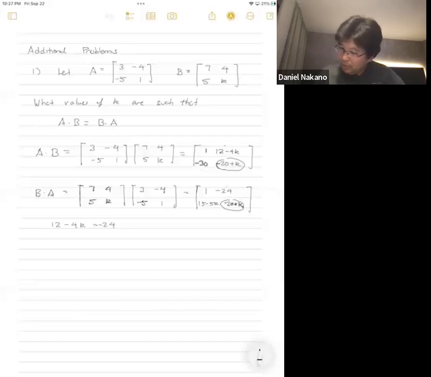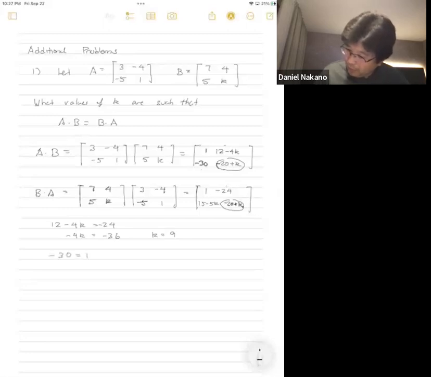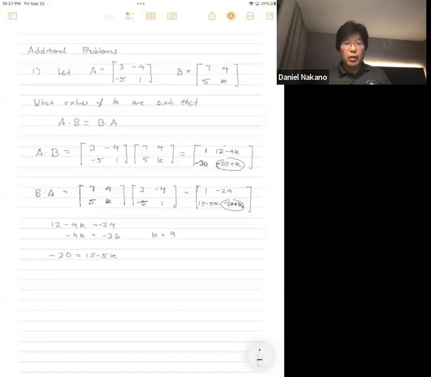Okay? So that means -4k has to be equal to -36. So k has to be 9 in that case. And notice that when I take -30 equals 15 minus 5k, for k equals 9, this actually works out. Because on the right-hand side, you get -45 plus 15, then that's -30.